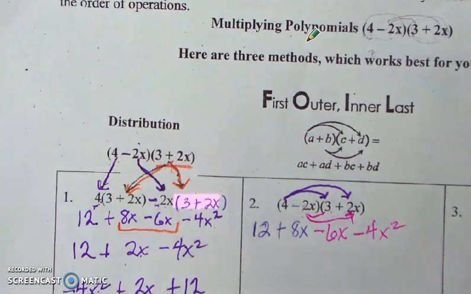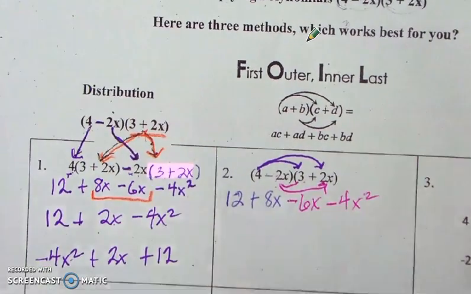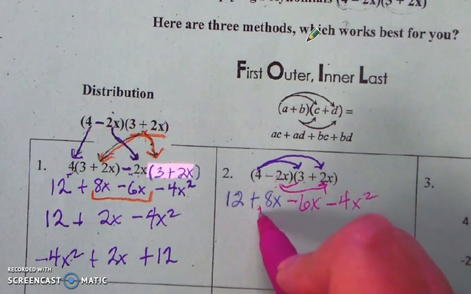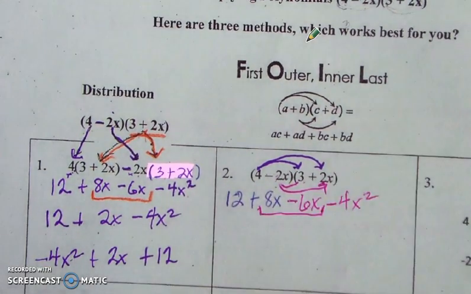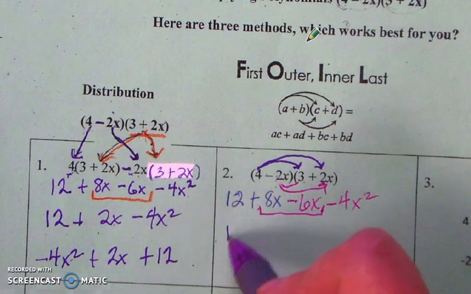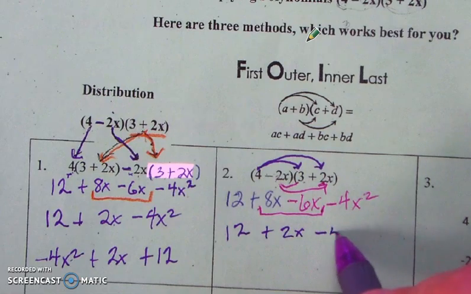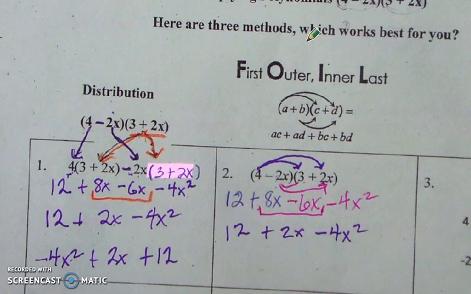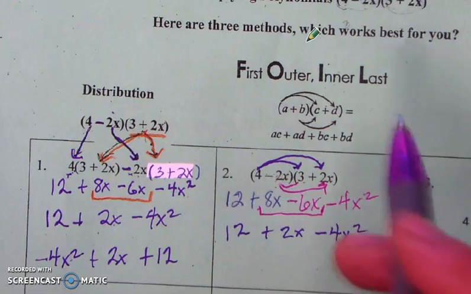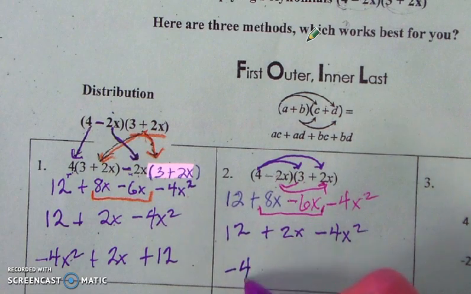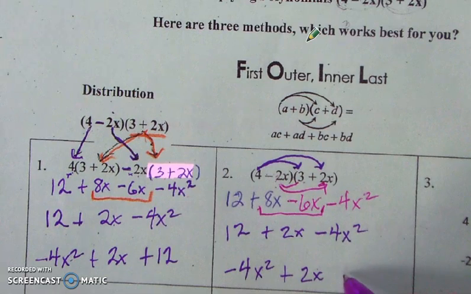Okay, once again, I'm going to combine my two like terms. So I'm going to have 12 plus 2x minus 4x squared. I've got to put it in standard form: negative 4x squared plus 2x plus 12.